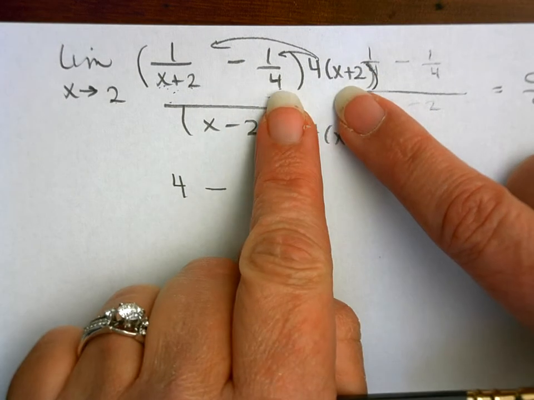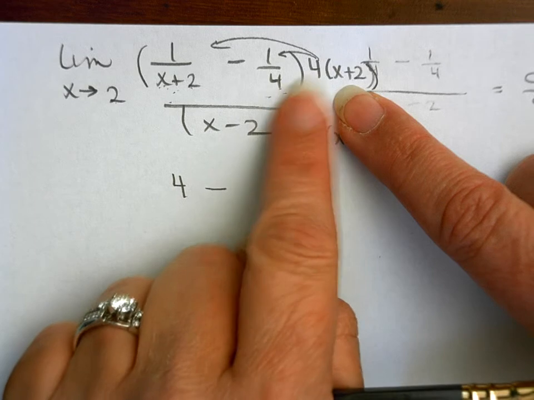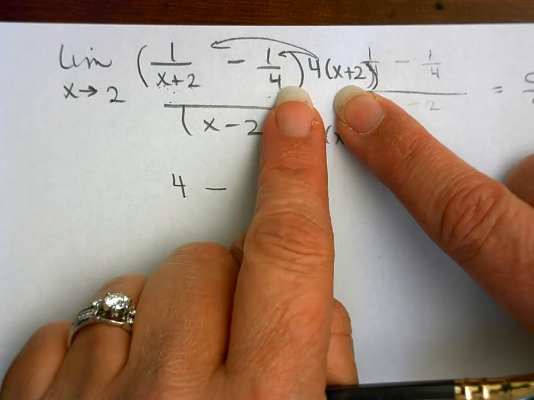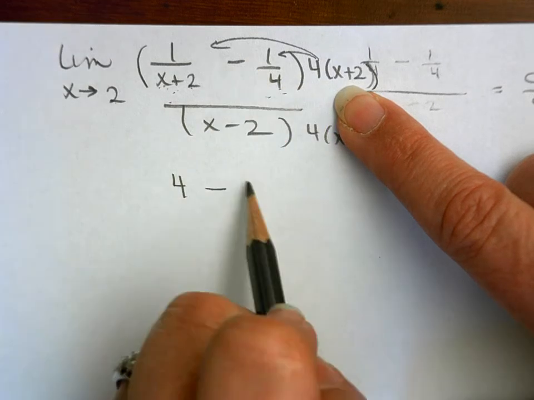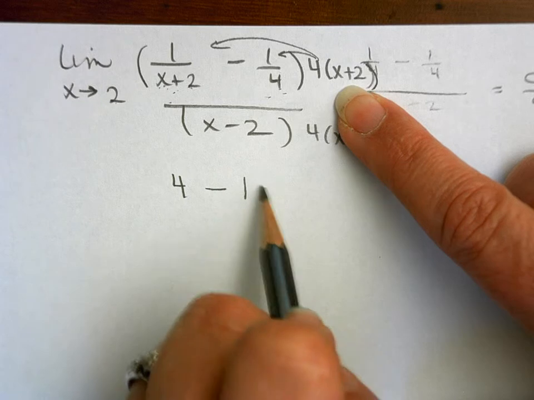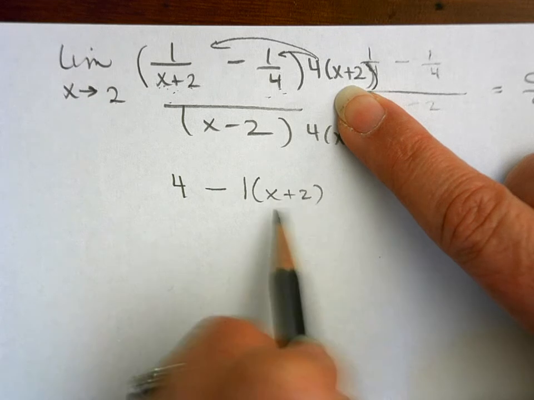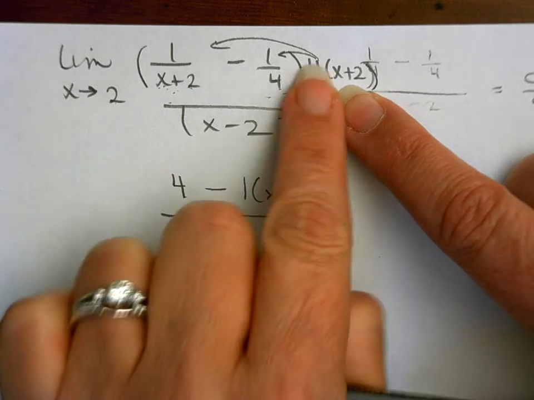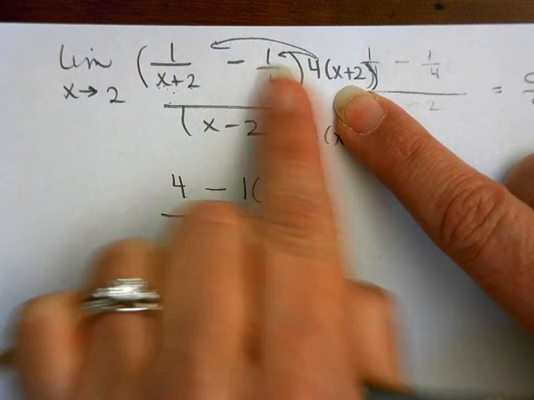And then when I distribute here, the 4's are going to cancel, and I'm left with -1 times x plus 2.